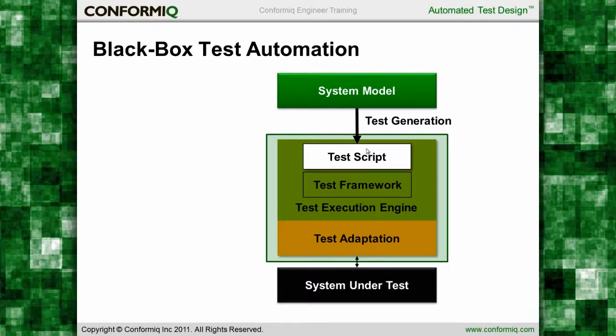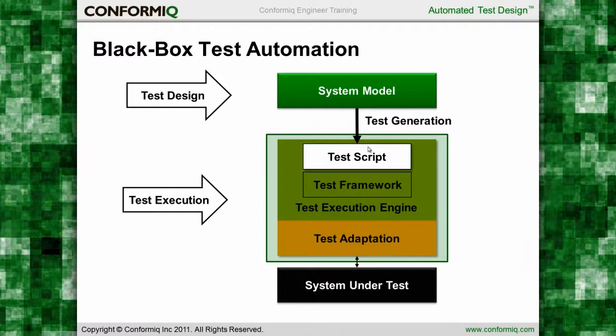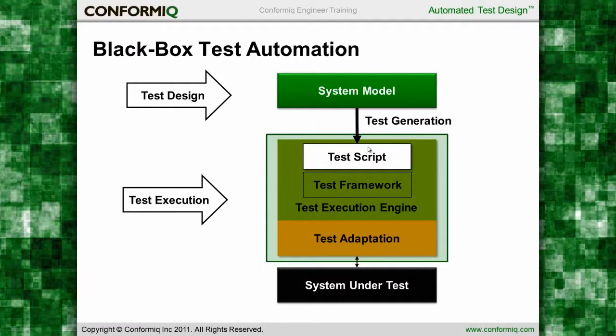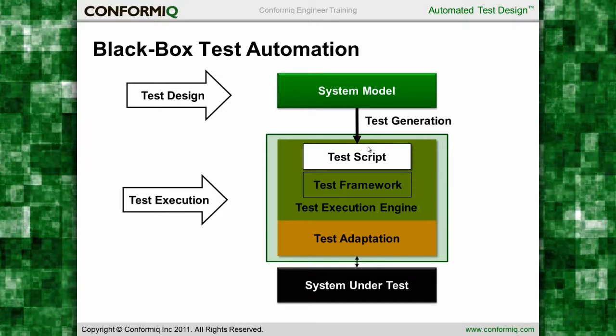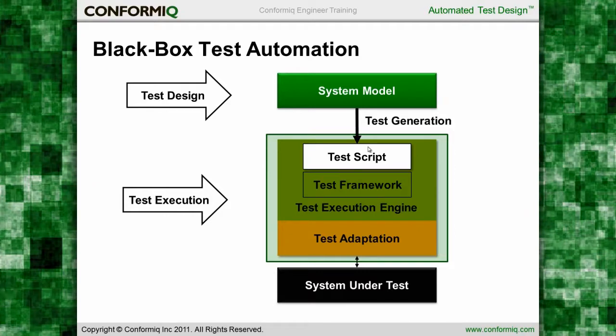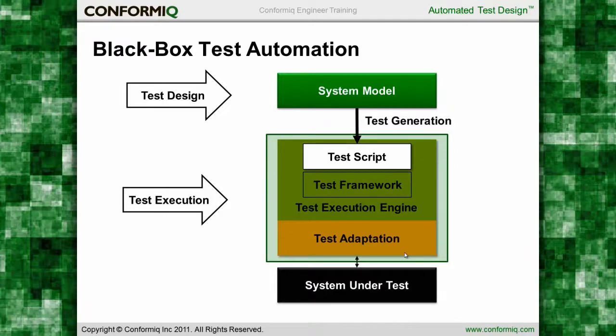Traditionally, when one talks about test automation, one refers to test execution. You use different programming languages and scripting languages, and then you manually write test cases and scripts that execute on this test execution engine and exercise in the end the system under test.